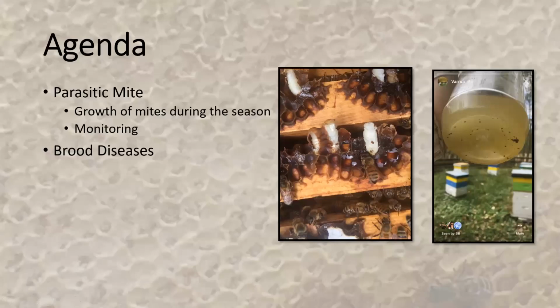So the agenda today, we are mostly talking about the parasitic mite, the varroa mite. We're going to be talking about how it grows in the hive and its seasonal functionality and what the seasons really look like as far as how the mites are building up.